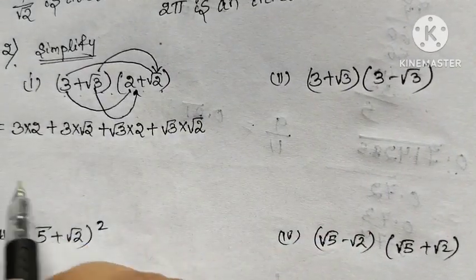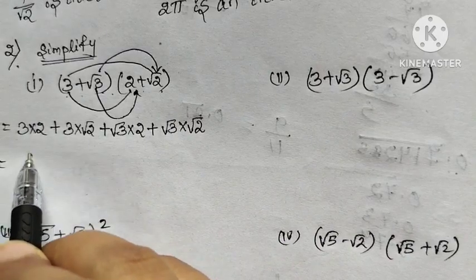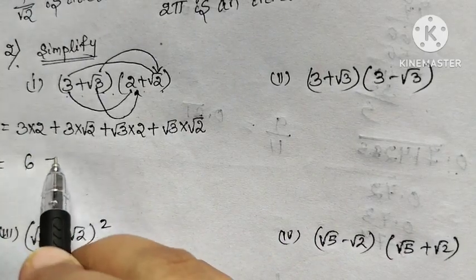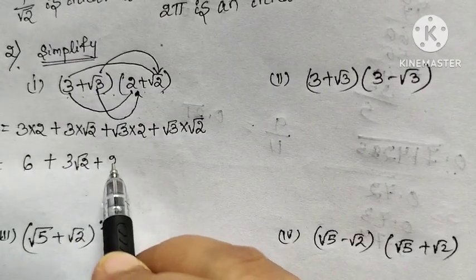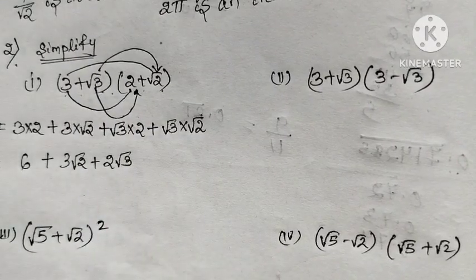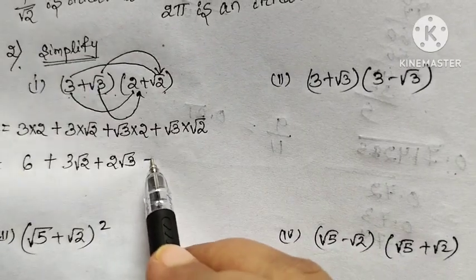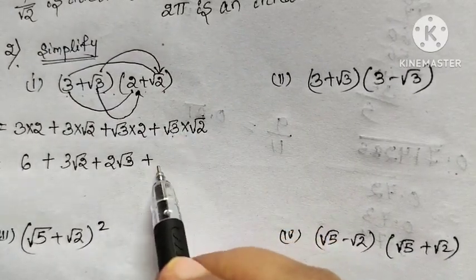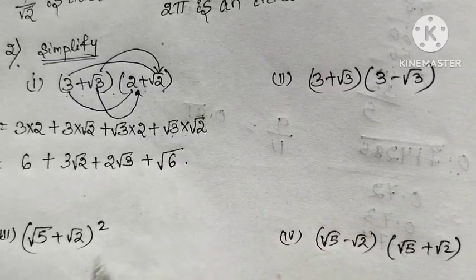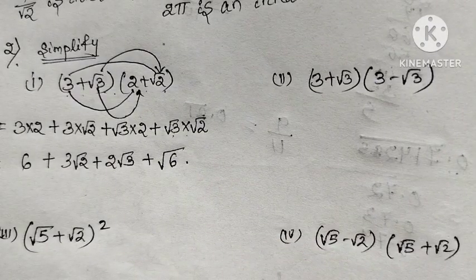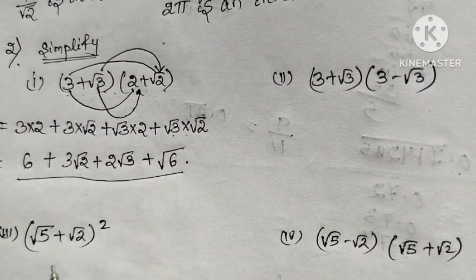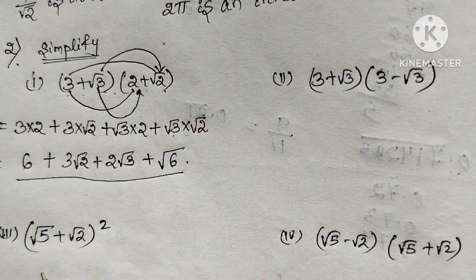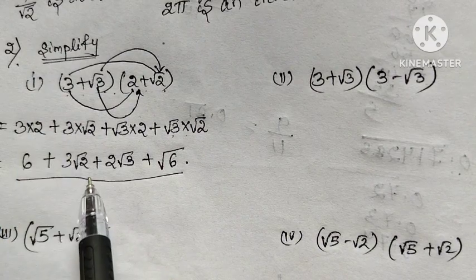Then 3 into 2 is 6, plus 3 root 2, plus 2 root 3, plus root 3 into root 2, which is root 6. Yes, this is the answer of the first part.